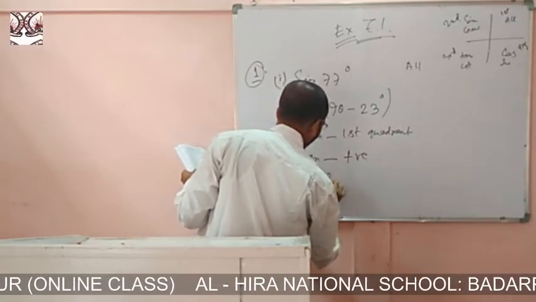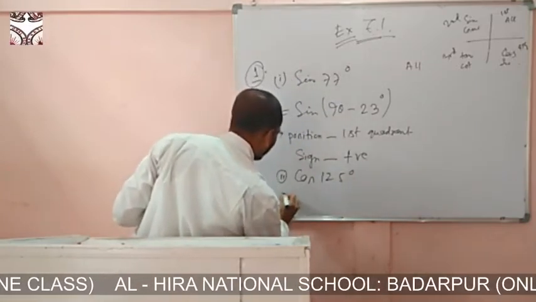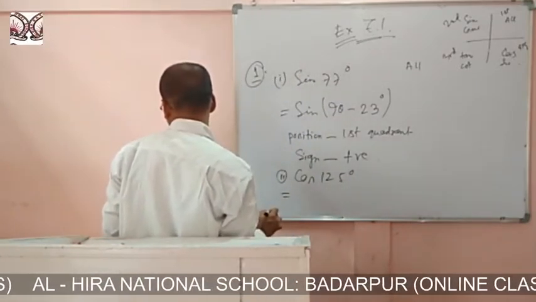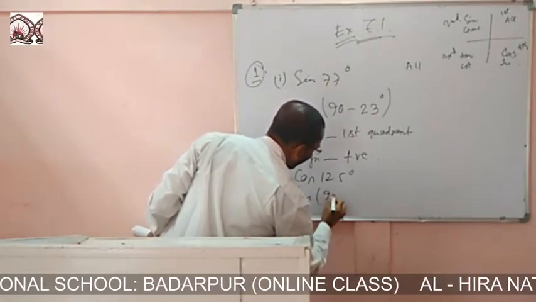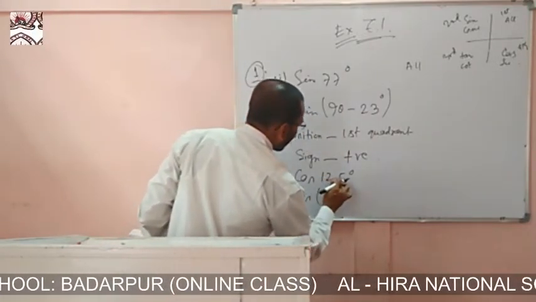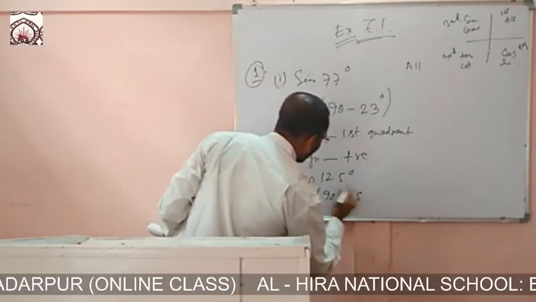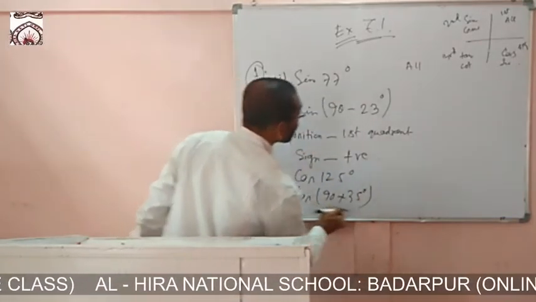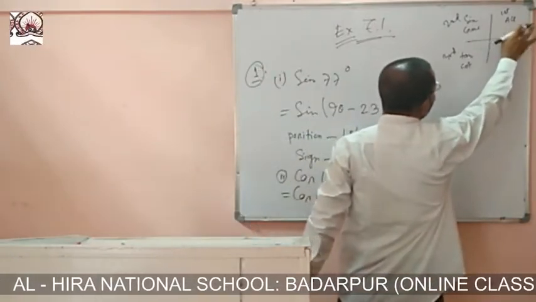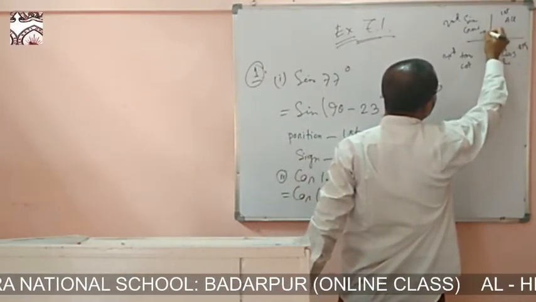Number two is cos 125. So cos 125 we can say is cos 90 plus 35, since 12 minus 9 is 3. 90 means first quadrant, then 90 plus 35 is the second quadrant.